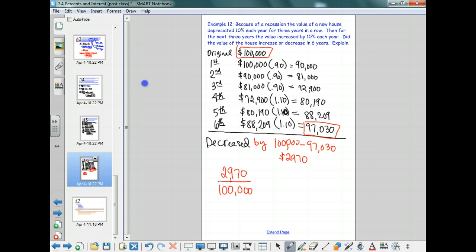We did that back on that passbook account and mutual fund account or money market account slide, right? The amount that something changed by, ours is an increase, how much interest we had, and we divide it by the amount the account started out at. And if we do this, what do we find? 2.97%. So it actually decreased by 2.97% over the course of those 6 years.